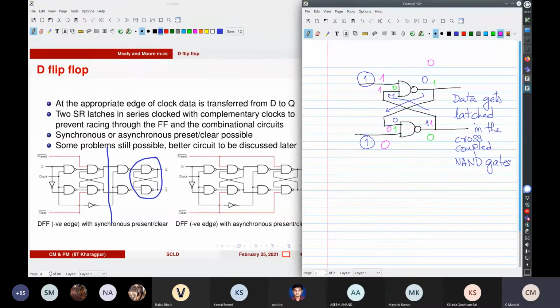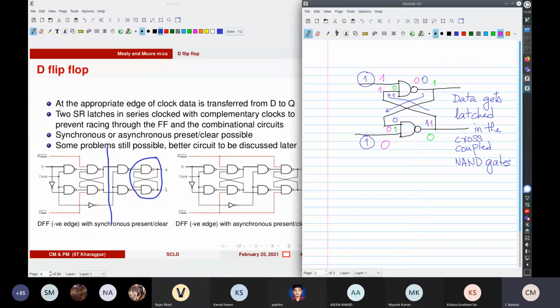Now let us consider the other situation. You have a 1 here. Maybe I can just lower this 0 and write it. Right, 0 here.